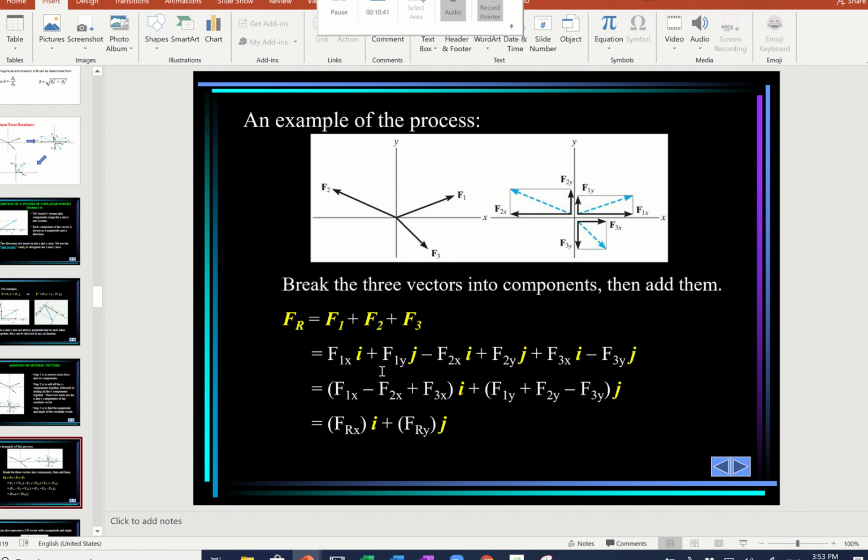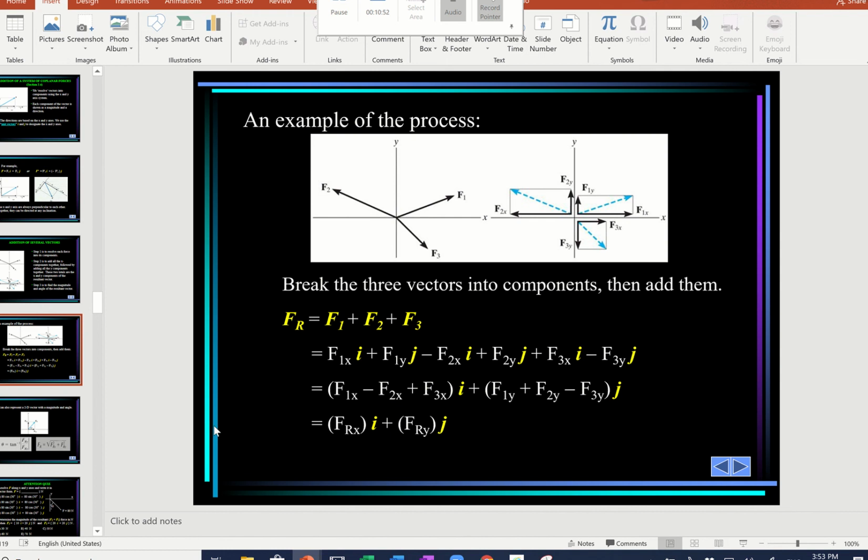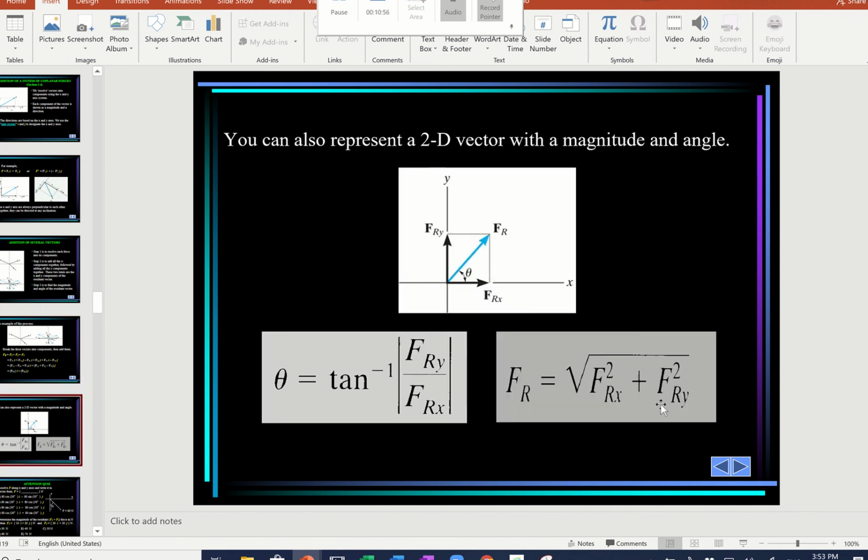Then you combine all the x terms, all the i terms, and combine all the y terms, the j terms, and together you can find the resultant force. Once you have those two, you can use your formulas, the Pythagorean theorem, and the inverse tangent of y over x gives you your direction.